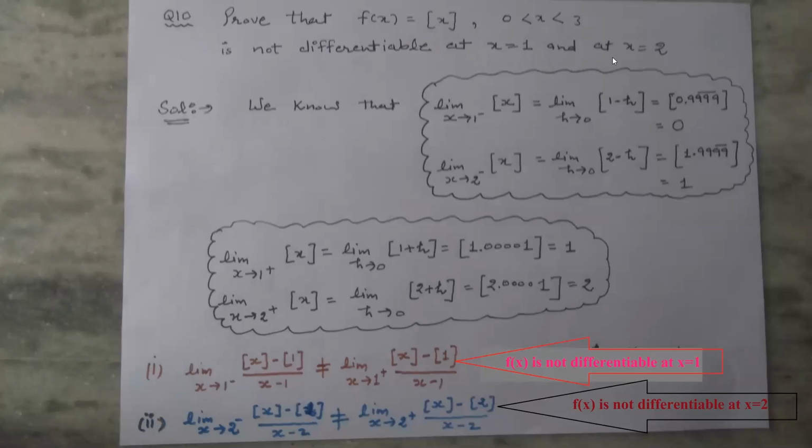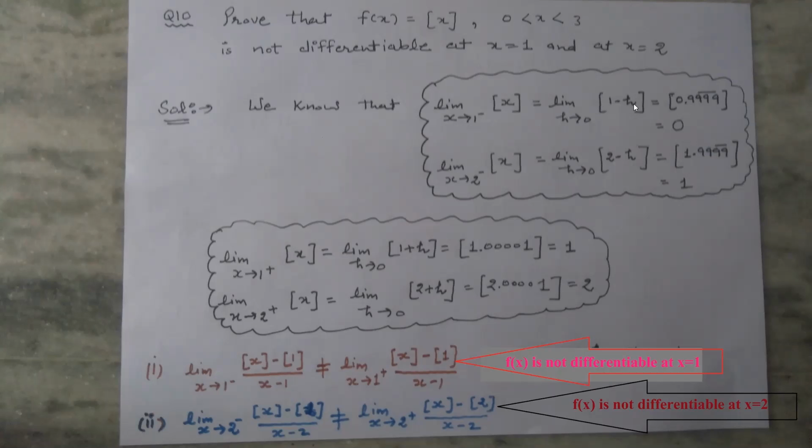So first of all, before solving the question, we know these two important things about the greatest integer function. Limit x approaches 1, left-handed derivative: we introduce h, x equal to 1 minus h.